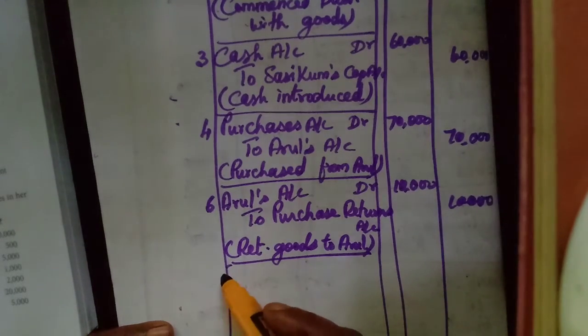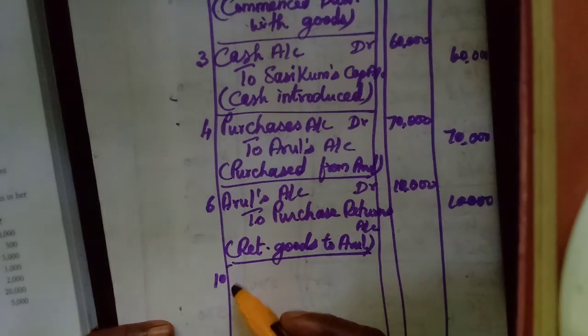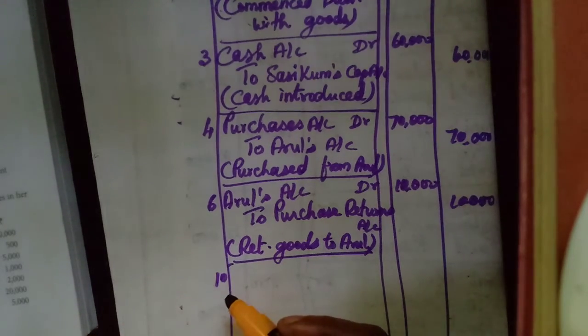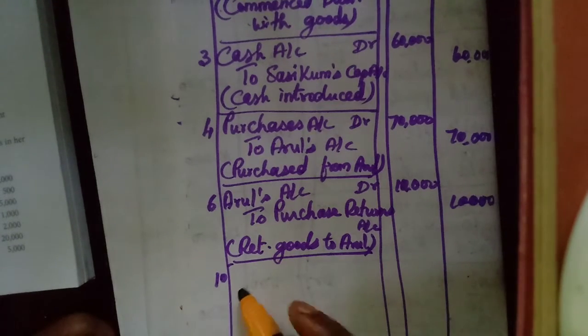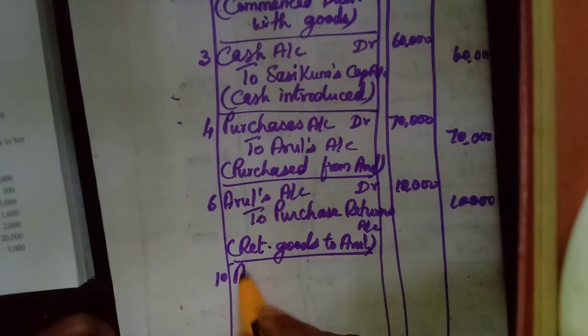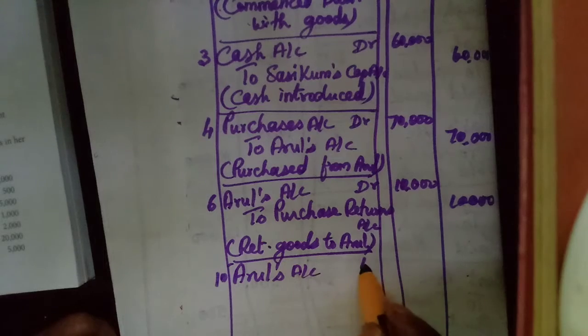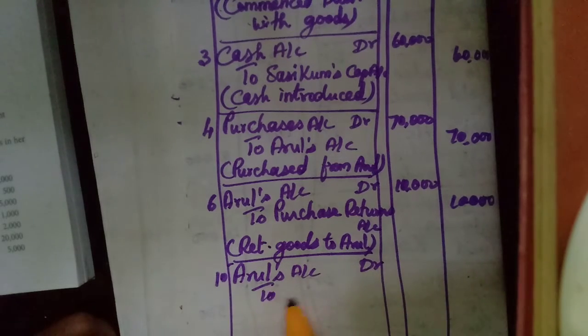Okay, the next date 10. Paid cash to Arul on account. Okay, so we are paying cash to Arul. So Arul is the receiver. Arul's account debit to cash account.